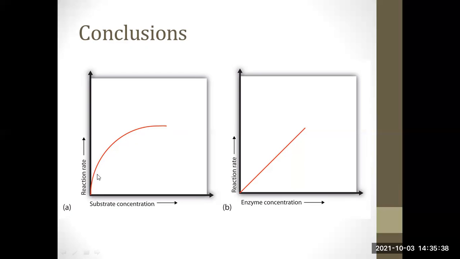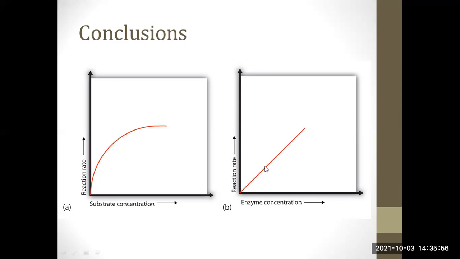It would have increased in a linear manner first, but then there is no more enzyme available to catalyze the reaction or to interact with the substrate, so this plateau would have occurred. But since we only did 2, we got a very linear graph.